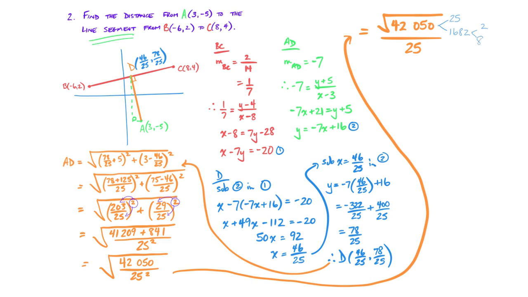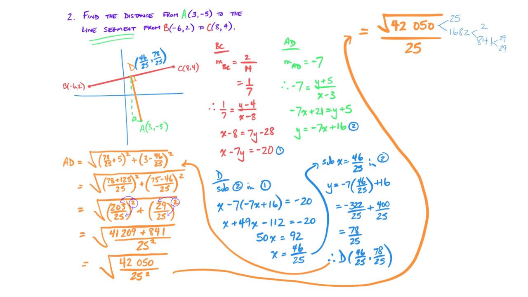That's going to get me 2 times 841. Well, hey, if I go back into my work, I notice that 841 is 29, so that is a 29 times a 29. And I've now figured out my factor tree to be able to reduce that to lowest terms.